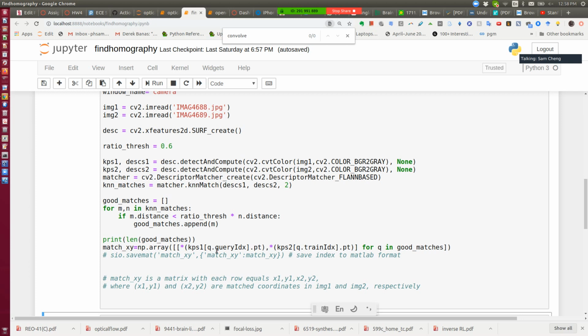You give them the list of descriptors, and we didn't specify the location, so I need to get back the location. That's what that line is for.